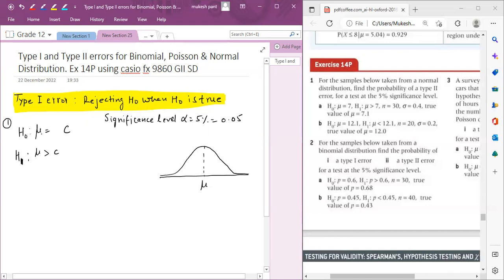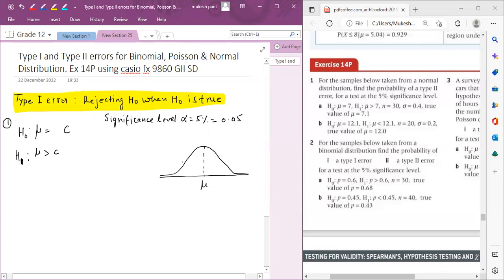And we have to check this at 5% significance level, which in terms of probability is 0.05.